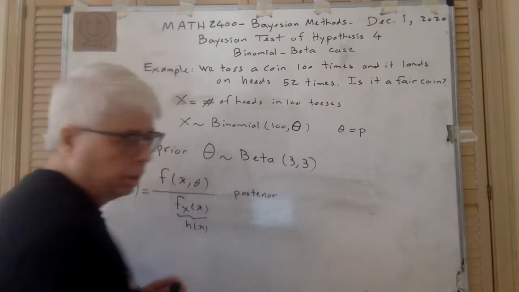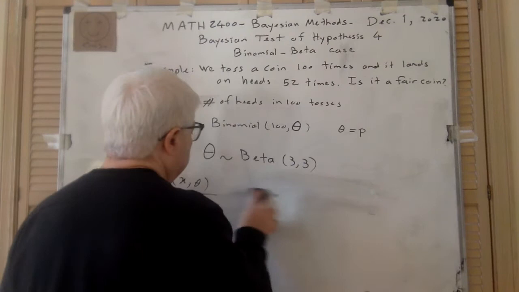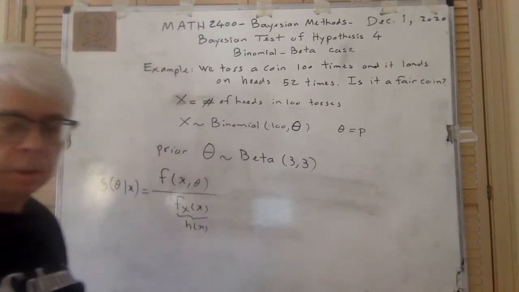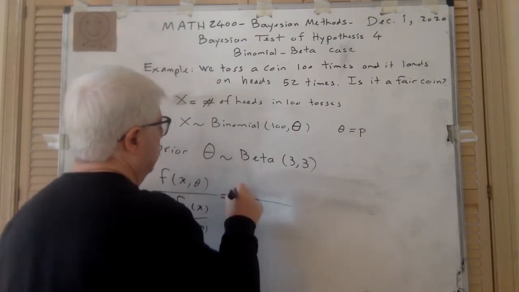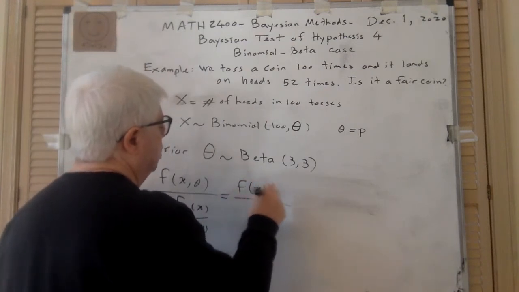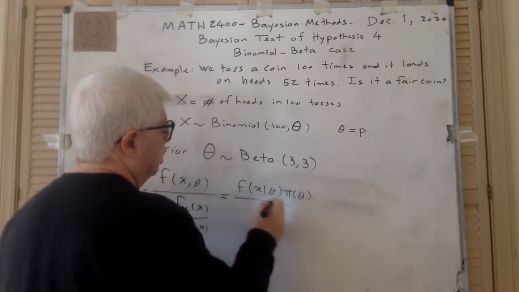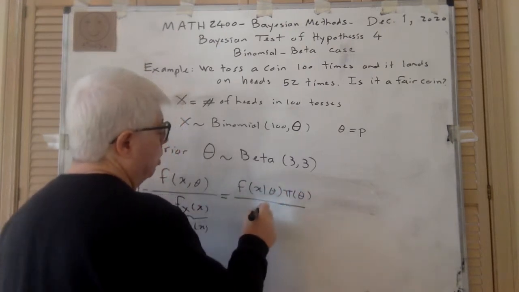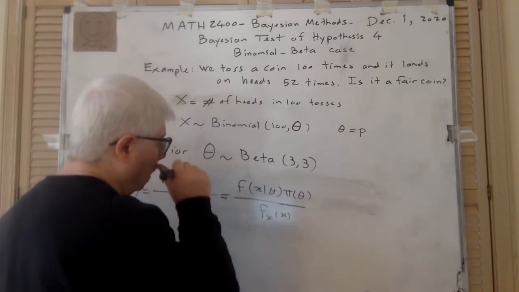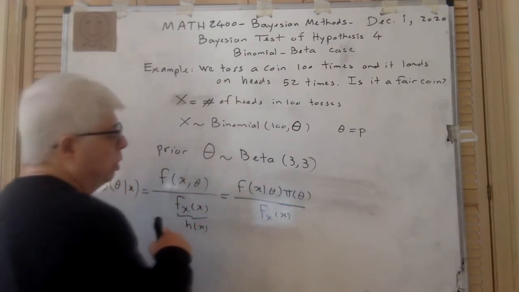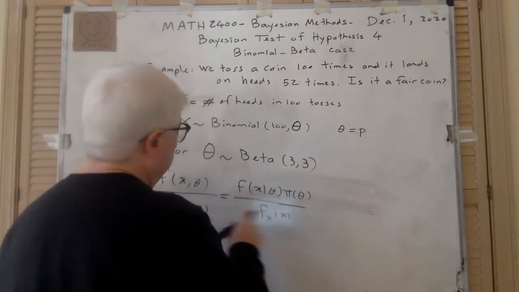Well, what is this thing? So let me write it down. The top, in fact, is f of x given theta times pi theta, divided by this. So I need this times this, divided by this.